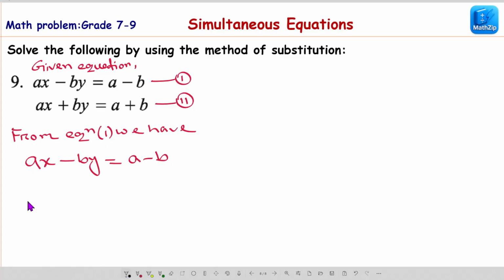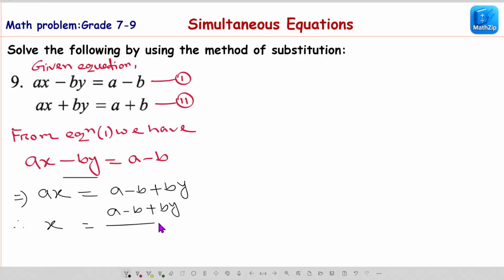Then we can write ax equals a minus b plus by, minus by transfer to the right side, plus by. So x equals (a minus b plus by) divided by a. Okay, and this is equation 3.